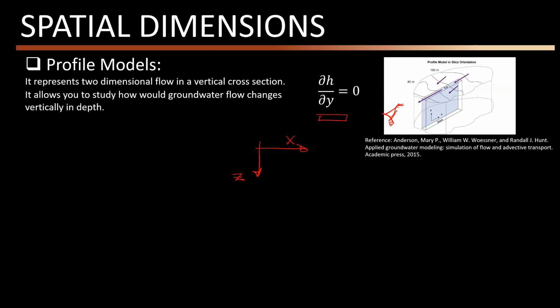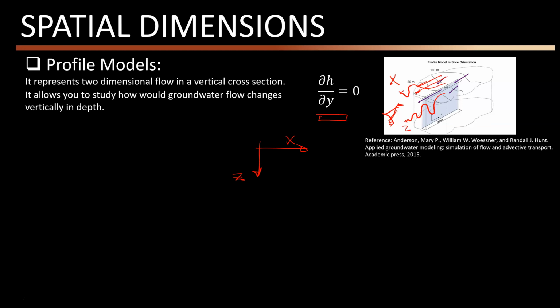For example here, as you see, we assume that the water flows parallel like this, and it does not do something like this in the y-axis, or sorry, in the x-axis. So it is parallel, but it can dive in and move and do something like this in the z direction.